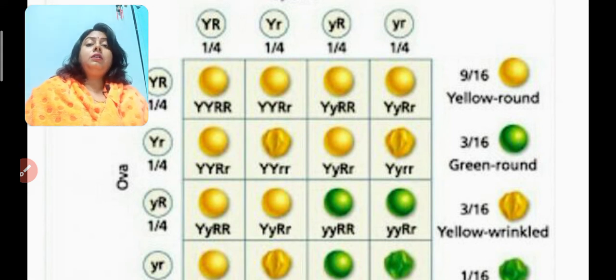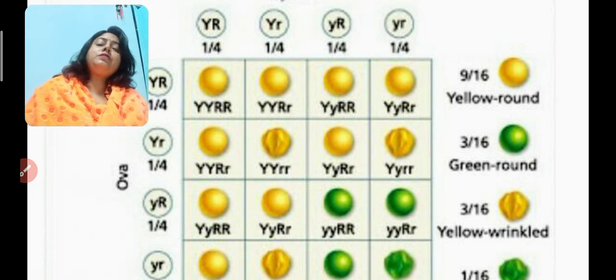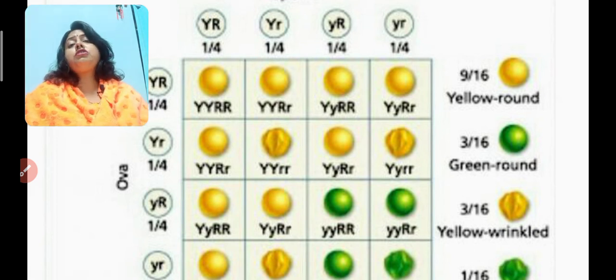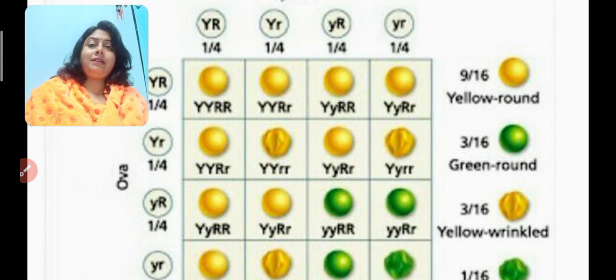If the characters or the alleles are present on the same chromosome, they tend to move together. But for now, you will only remember that the alleles move independent of each other for different characters, and that is what is law of independent assortment. And this is about the Mendel's dihybrid cross.